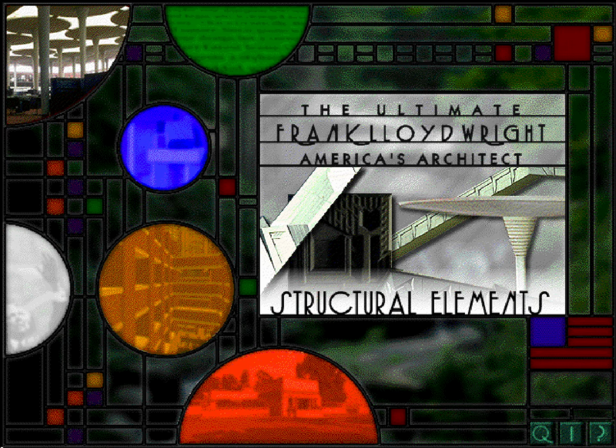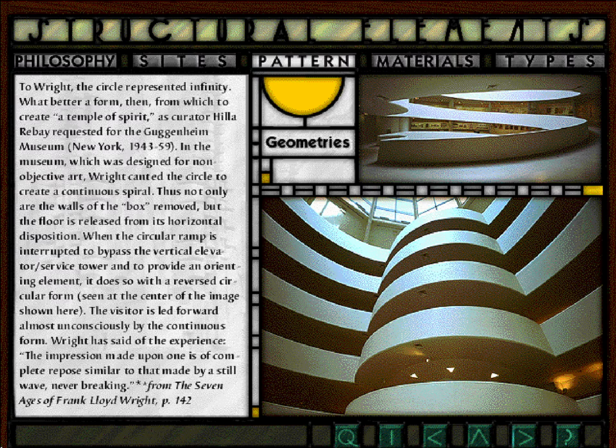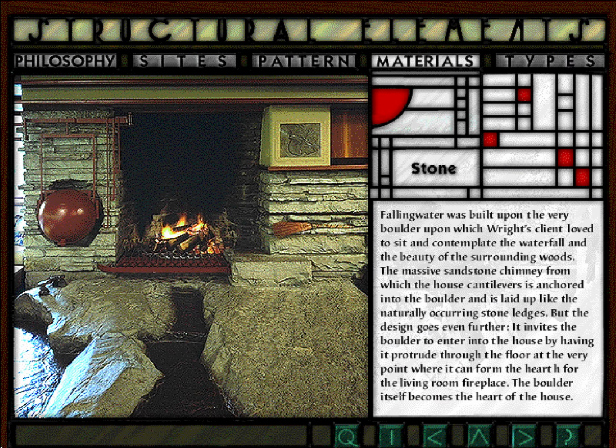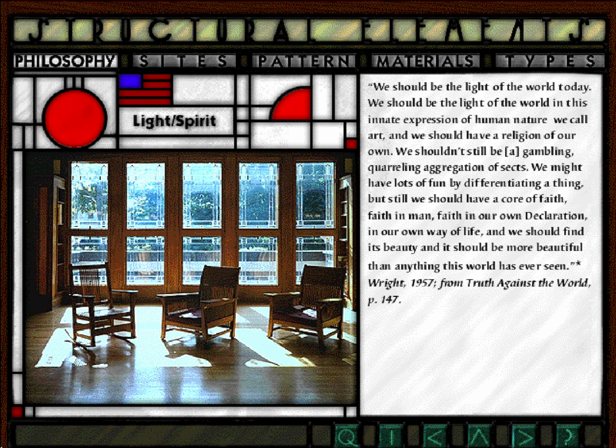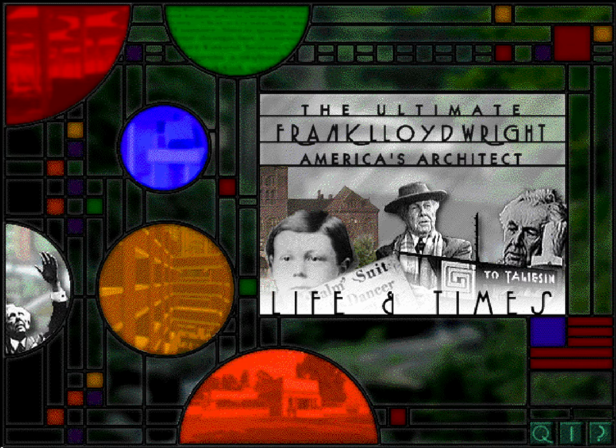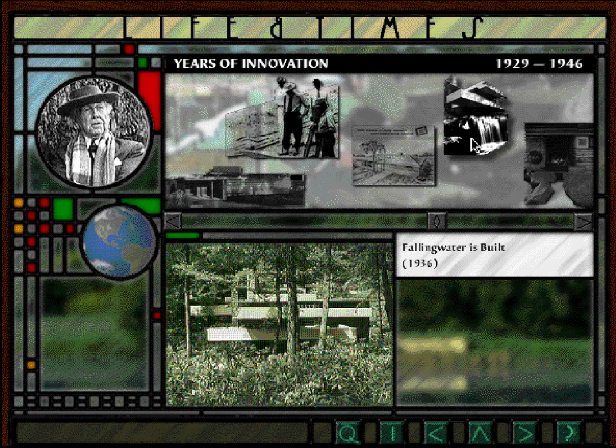The Structural Elements section offers detailed images combined with explanatory text to provide a better understanding of Wright's approach to architecture with regards to patterns, materials, and building types, along with his personal philosophy. For a more personal approach, enter the Life and Times section, a chronological mural that scrolls through the major events of his life with photographs, videos, and audio clips.